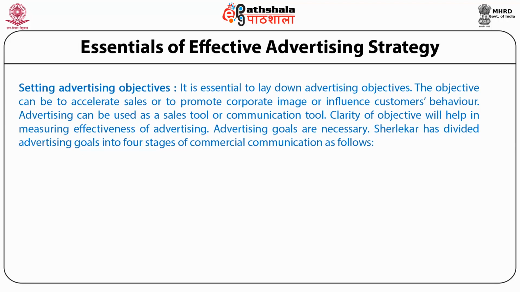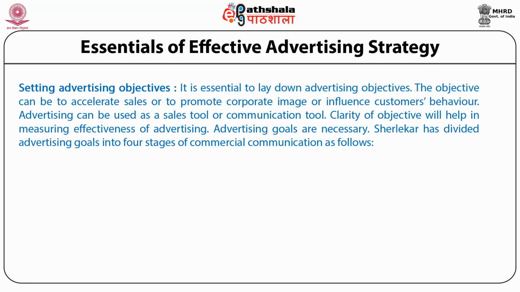Now I am going to discuss the essentials of an effective advertising strategy. First of all, there is a need to set advertising objectives. The objectives can be to accelerate sales, to promote corporate image, or to influence the customer's behavior. Advertising can be used as a sales tool or a communication tool.